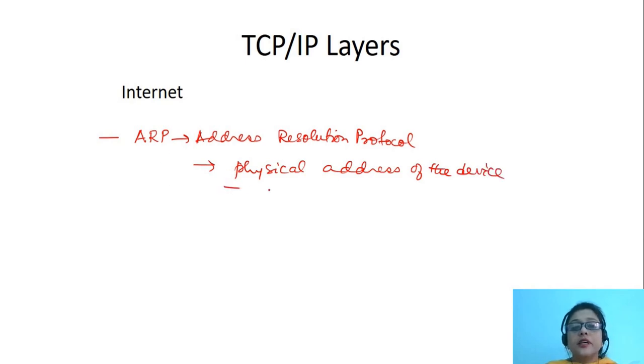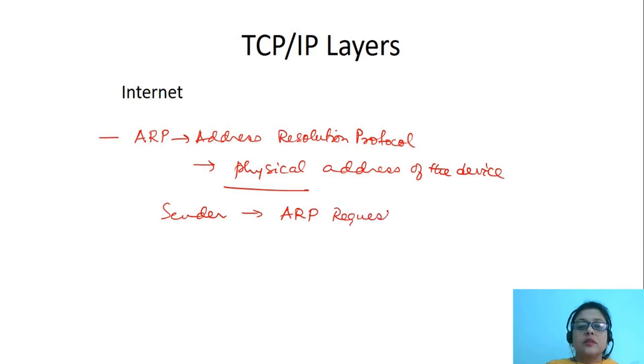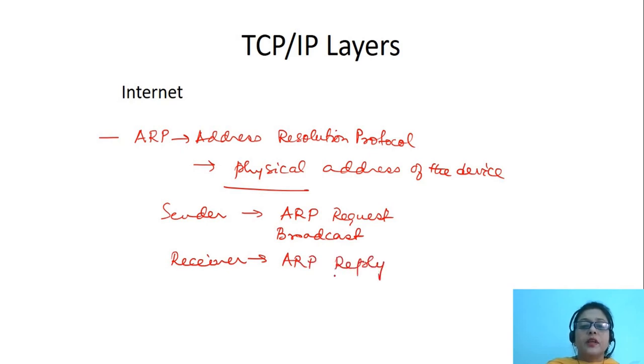In order to get the physical address of the device, the sender sends an ARP request, which is then broadcast. The receiver will send the ARP reply with its physical address. This is called the Address Resolution Protocol.